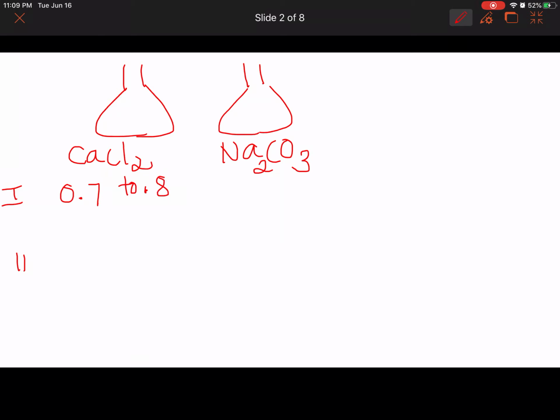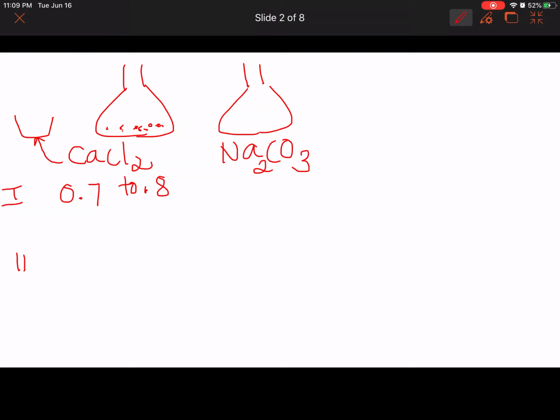How you do it is you take a weigh boat, add about 0.7 to 0.8 roughly, and then put that into the flask. It's a white solid, so you will see some white powder here.